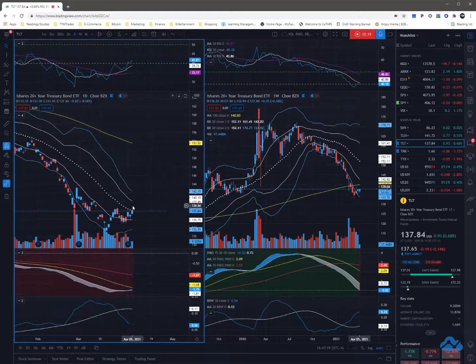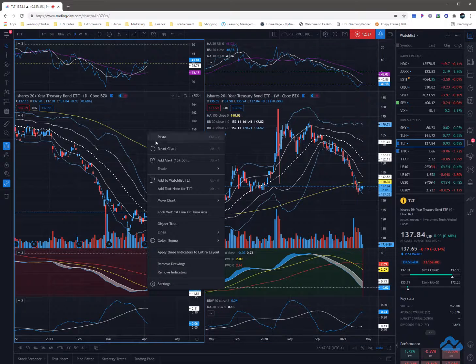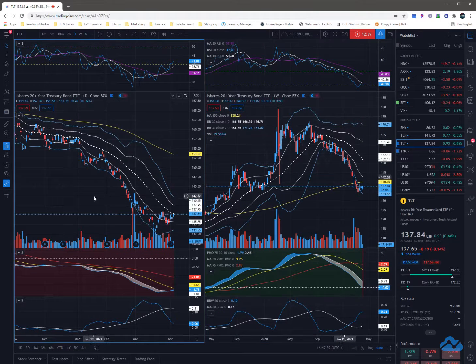All right. Now, if bonds consolidate right here and we break above this 140 area, which is that top one standard deviation, pull back and hit that as support and start to rally off of it, that's going to give me a huge signal as far as the market and if we could possibly be preparing to go into some type of correction.